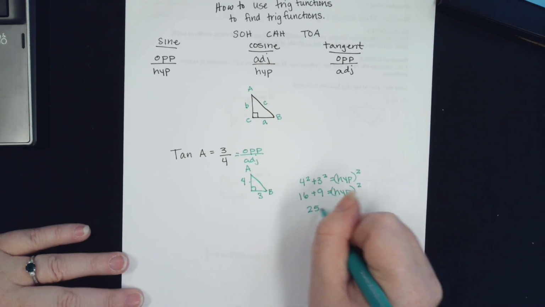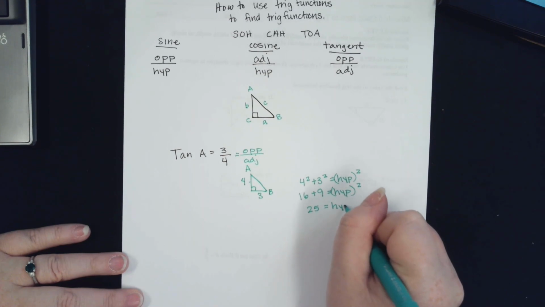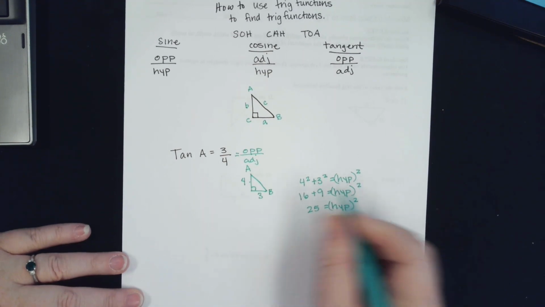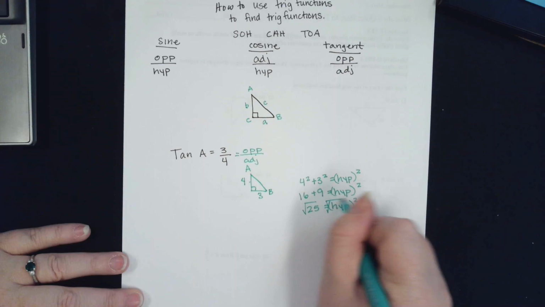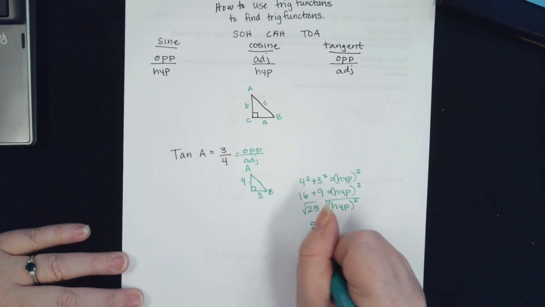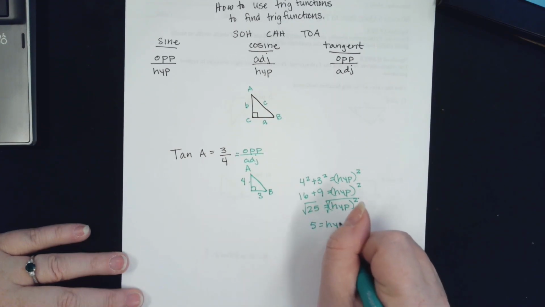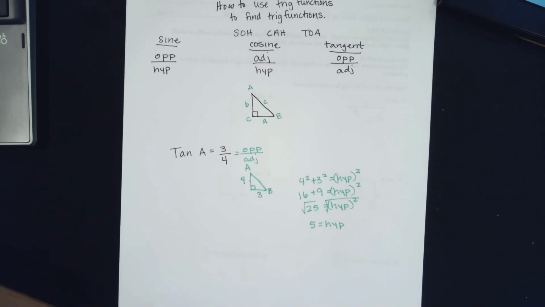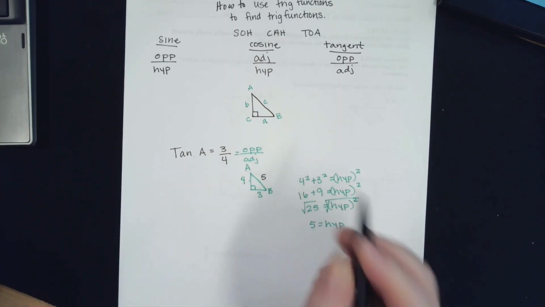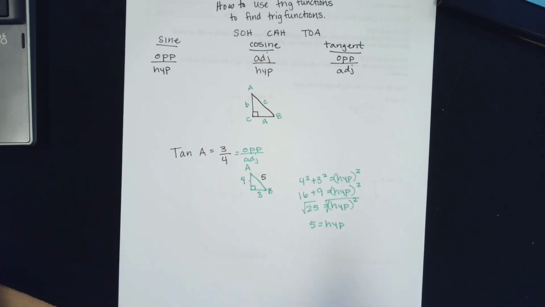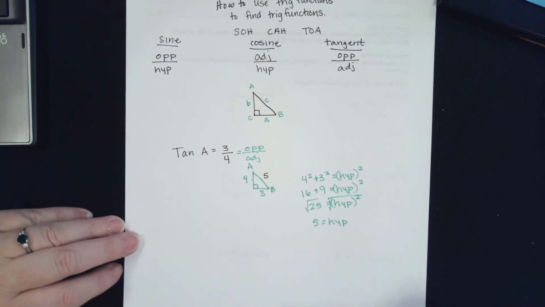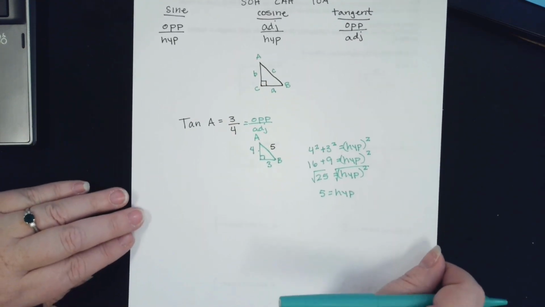So 25 equals the hypotenuse squared. Now I'm going to take the square root of both sides, so I have 5 equals the hypotenuse. So now I know my hypotenuse, and I'm going to go ahead and put it in. Now we know all 3 sides of our triangle, and we can find any trig ratio that we want from here.